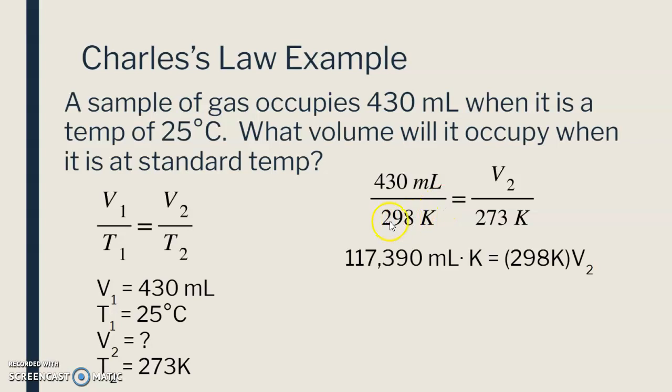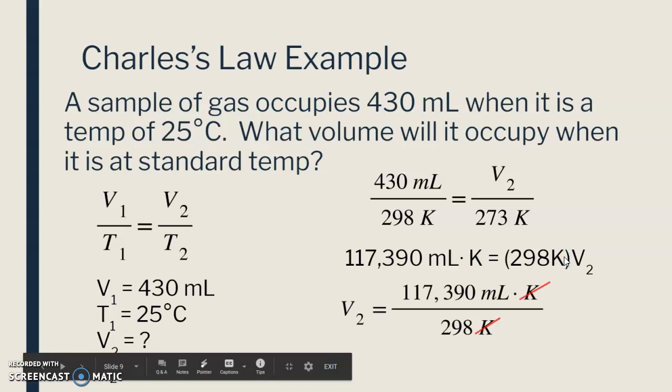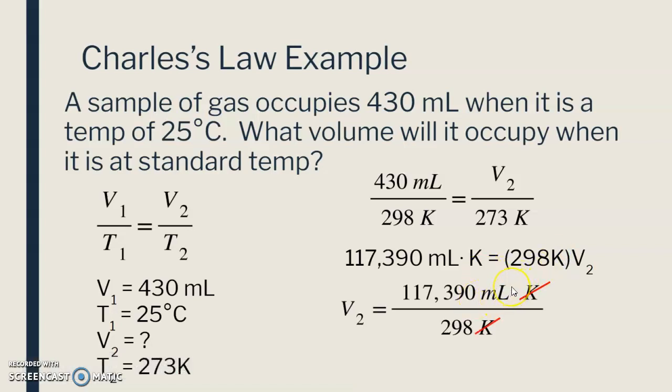It's equal to the 298K V2. Again, this is like X. So if you wanted to make that X, you can certainly do so. In order for me to get V2 by itself or X by itself, I divide both sides by the 298. And my units of Kelvin cancels out here. So I'm left with milliliters, which is great.